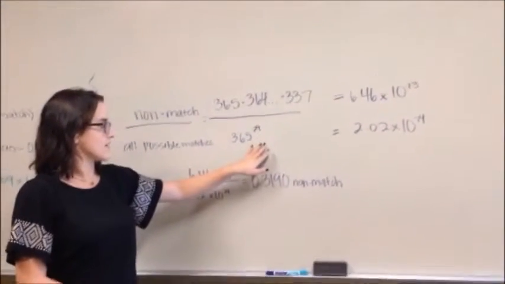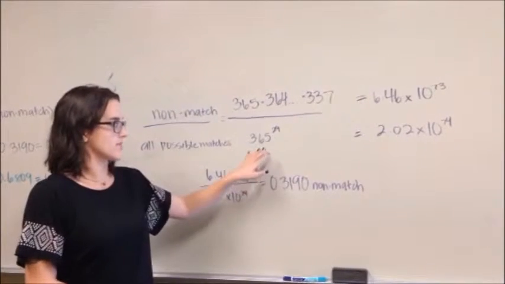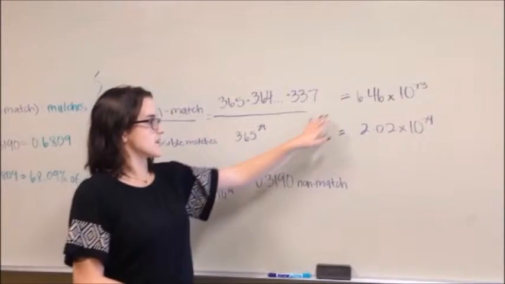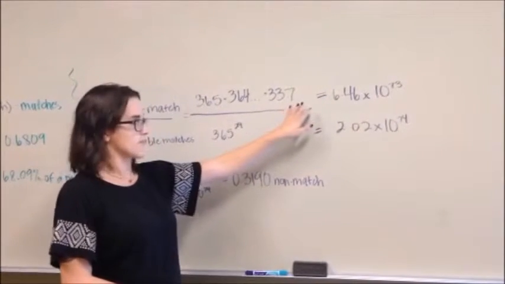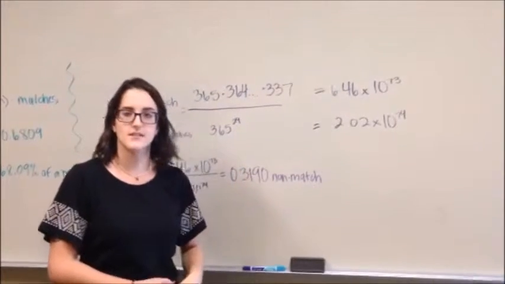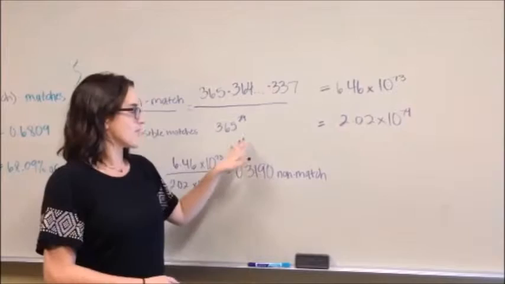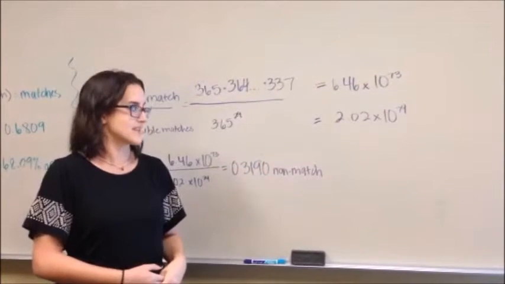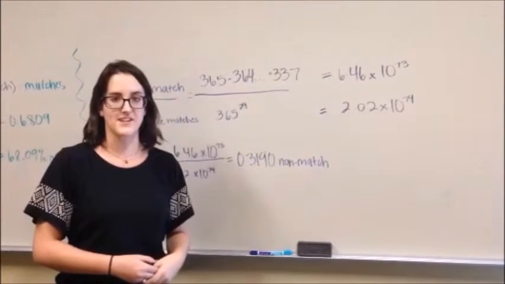And then underneath that, we're dividing by 365 to the 29th power, because those are all of the possible options for a student's birthday. As a result, we found that all of the possibilities for a non-match are 6.46 times 10 to the 73rd power, and all of the possible matches total are 2.02 times 10 to the 74th power.